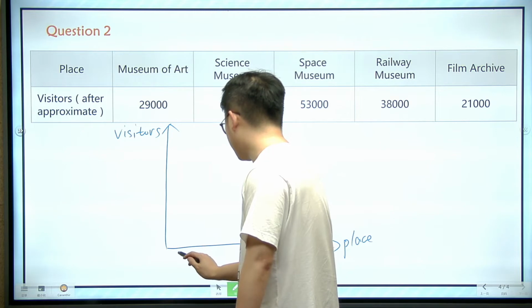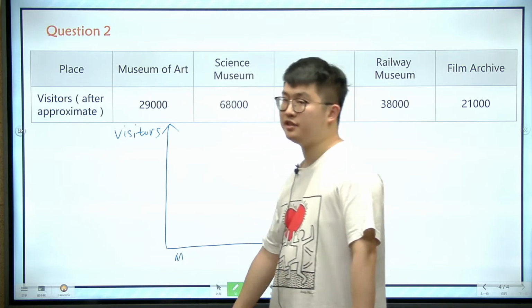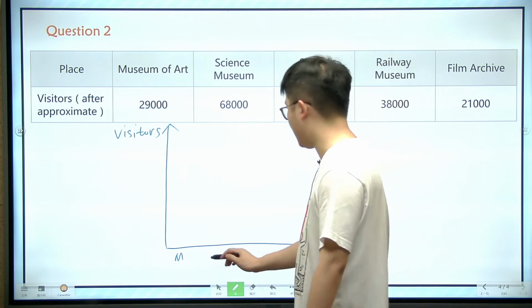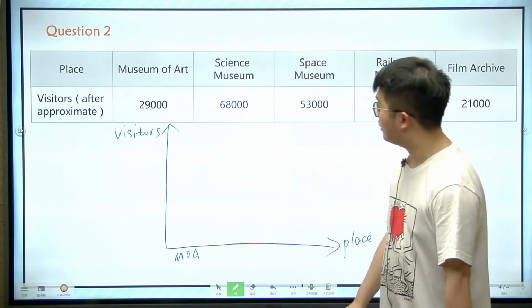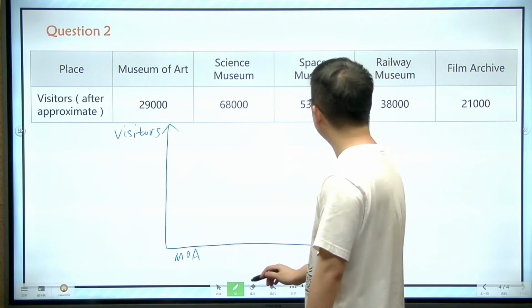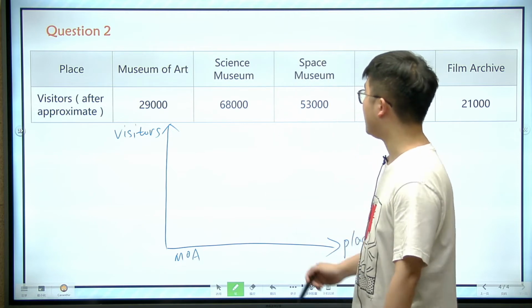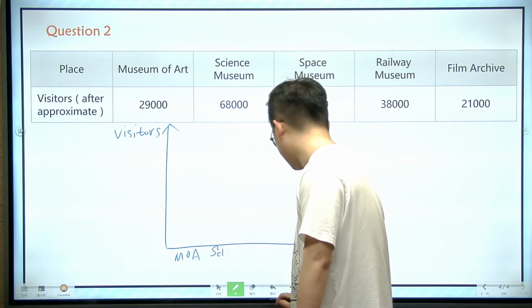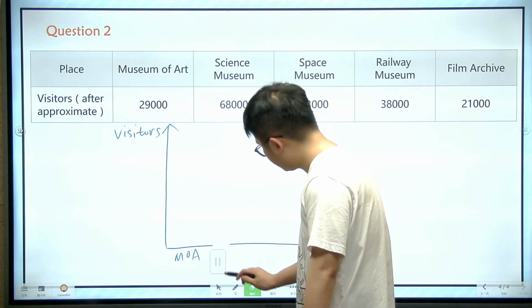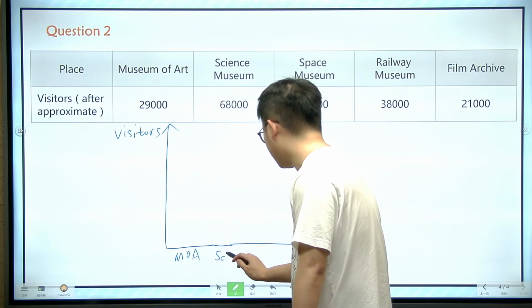The first one would be Museum of Art, so I just abbreviated it into MOA. The second would be Science Museum. But there's a Space Museum too, so I just write this SCI.